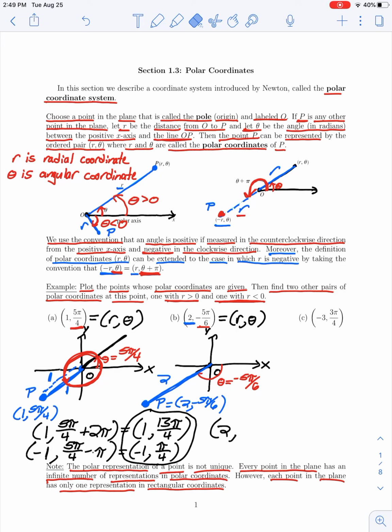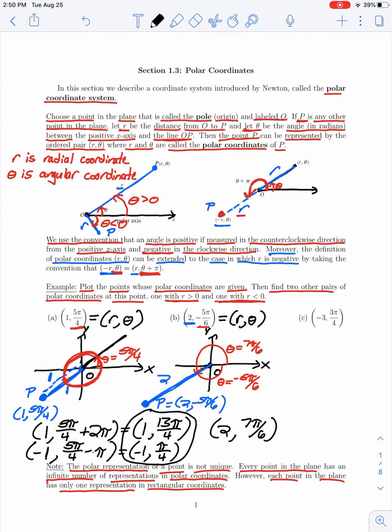So negative 5 pi over 6 plus 2 pi, which would be 12 pi over 6, is 7 pi over 6. So that would be another valid representation. Instead of rotating clockwise 5 pi over 6 radians, I could express this as a counterclockwise rotation by theta equals 7 pi over 6 radians, and then still move 2 units outward along that line segment.